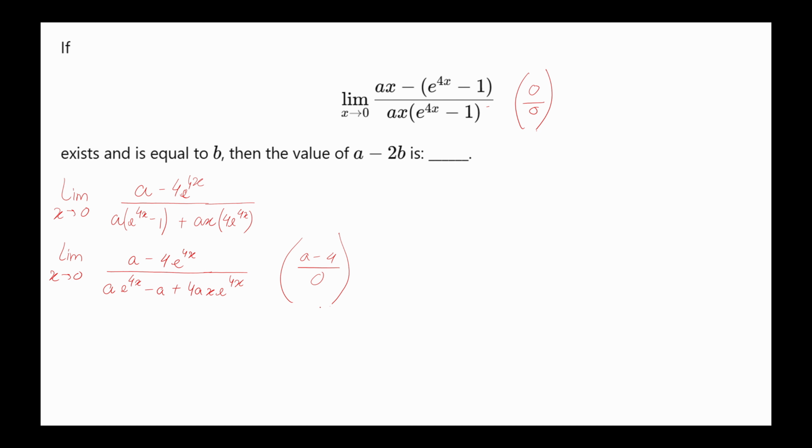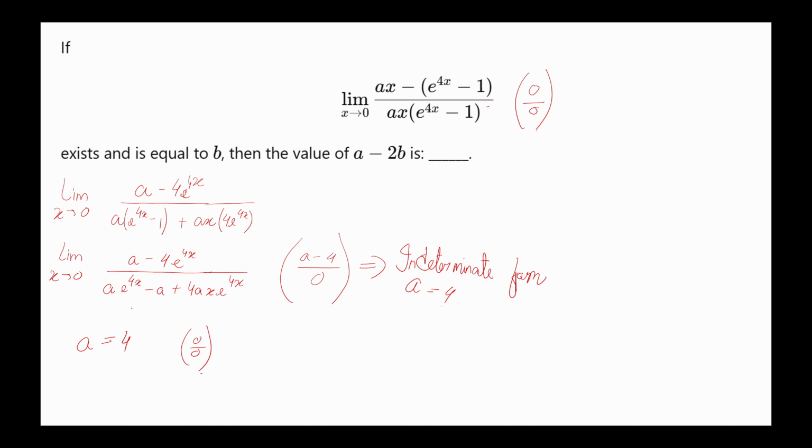So I have to convert this into an indeterminate form. How? By saying that a is equal to 4. If a is equal to 4, then the numerator would also become 0 and I would have 0 by 0. So I've gotten my first value, a is equal to 4.